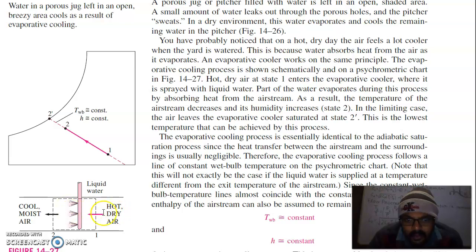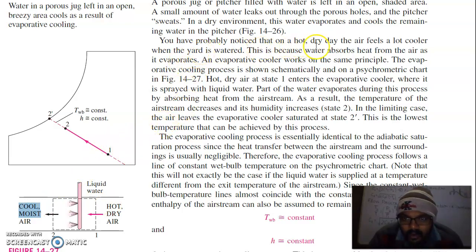So hot air temperature will decrease and part of the water will be in the evaporated form. So you will get cool moist air, which means your overall temperature will decrease and your relative humidity will increase, as well as your specific humidity will increase. You can see here at 1 and 2 the air is carrying more moisture in terms of weight.